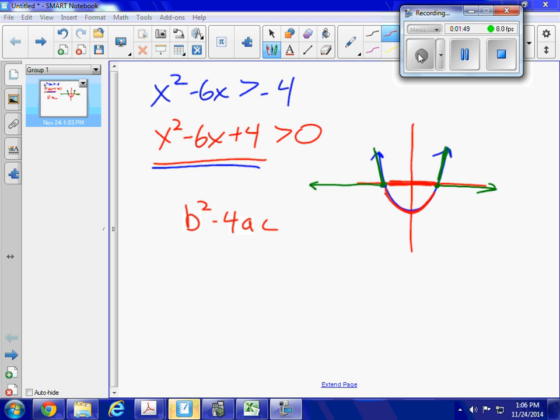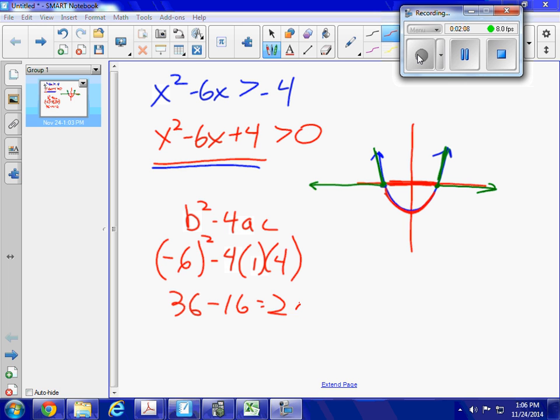That gives me negative 6 squared minus 4 times 1 times 4, which is 36 minus 16 equals 20.